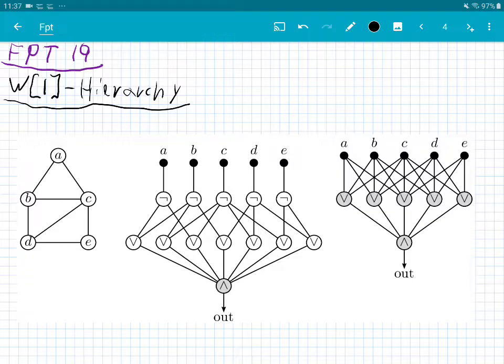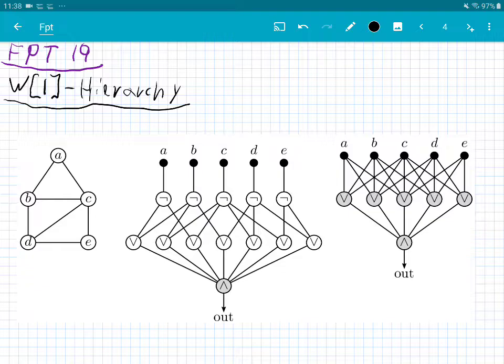Because it's not hard to see that many of the standard NP-complete problems, once you write them down and do the reduction to a circuit, you get a pretty simple circuit of logarithmic depth. And in fact, it would follow from the examples I'm going to show shortly. So logarithmic depth is out, right? Because in some sense it captures all of NP, and that's not a very useful distinction as far as complexity.